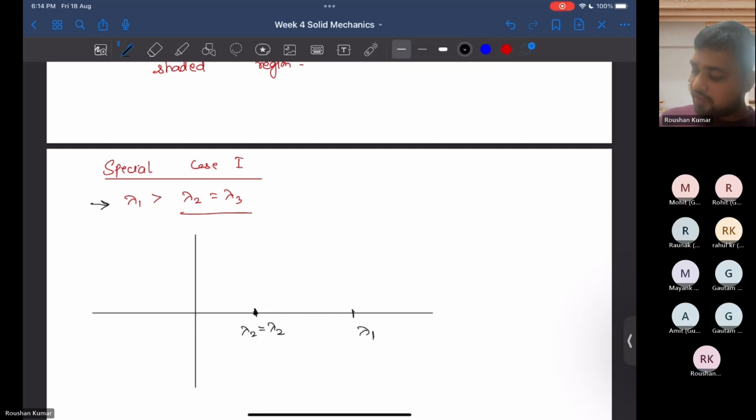Here you can see there is only one circle that we can draw, only this circle. So the three circles reduce to a single circle when lambda2 equals lambda3. That means we have just one circle, and the stress plane just reduces to a circle. So this is one of the special cases.